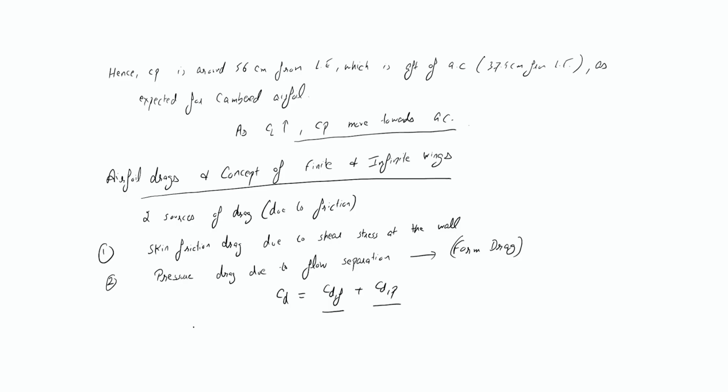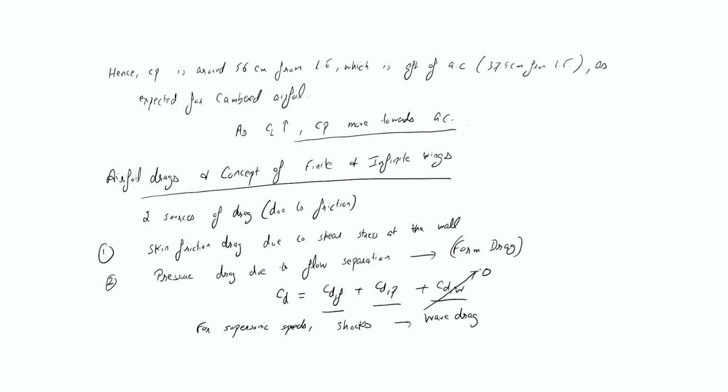Now if you consider supersonic speed, then obviously there will be shocks, and there will be another type of drag, that is wave drag. So we add another term here, CDW. As of now, this course deals with subsonic flow.